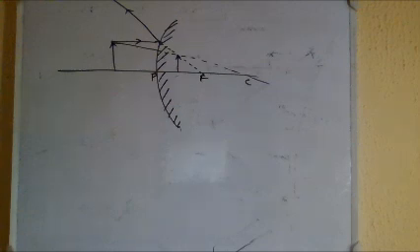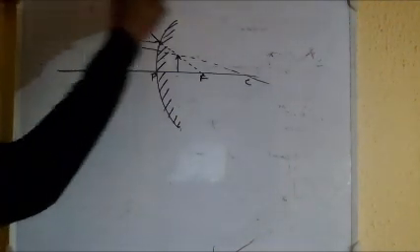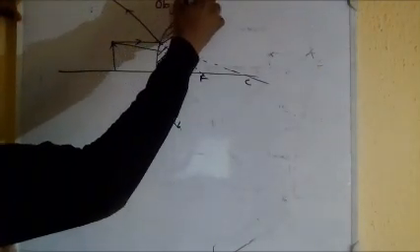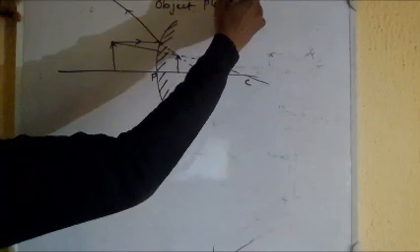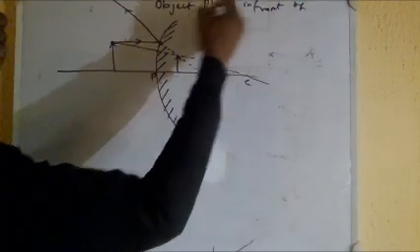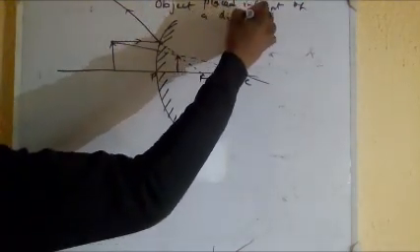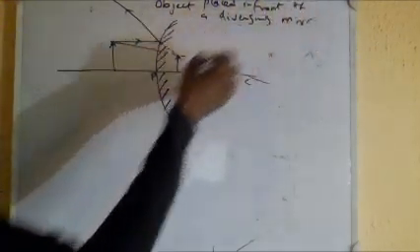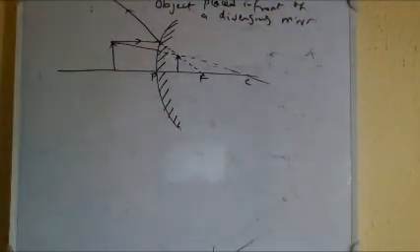It's formed in between F and P. The scenario here is objects placed in front of a diverging mirror. Okay, so what are the characteristics of this image that is formed?